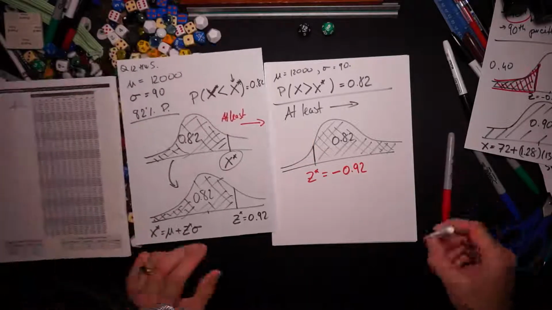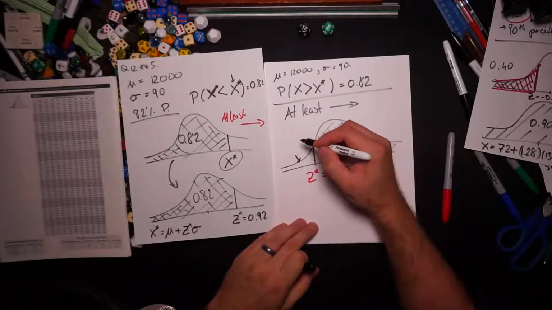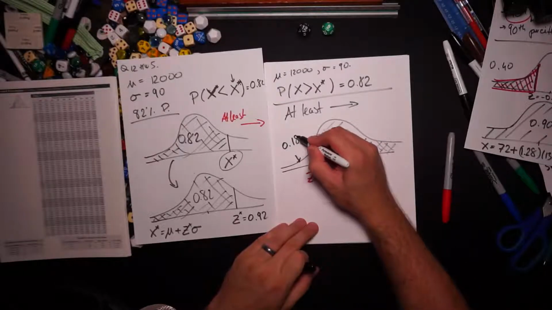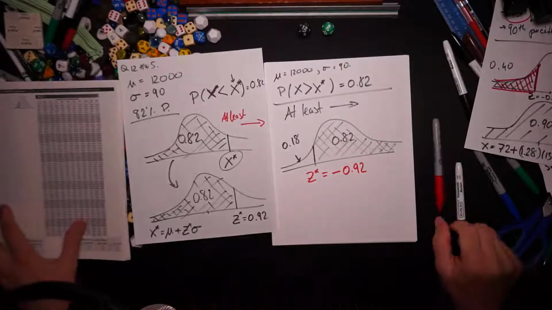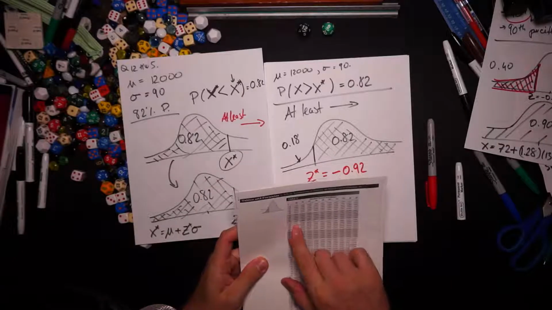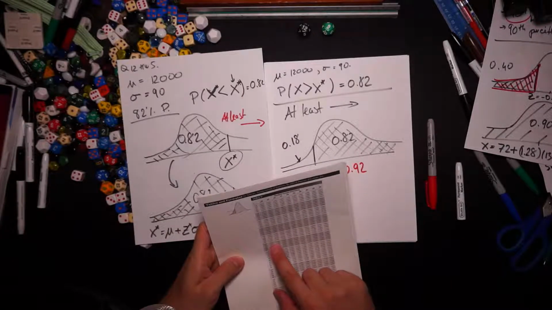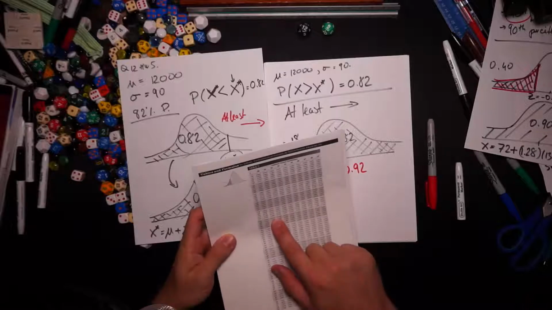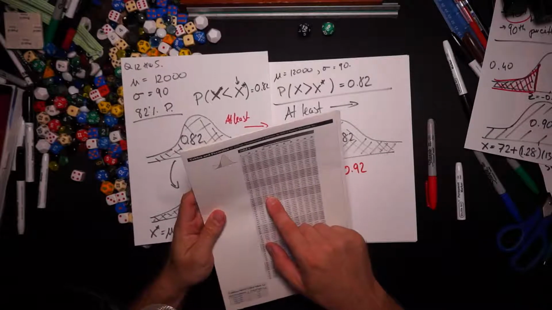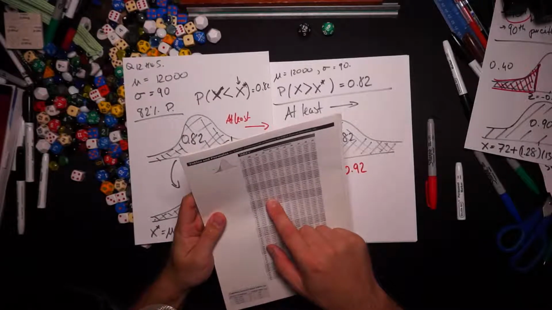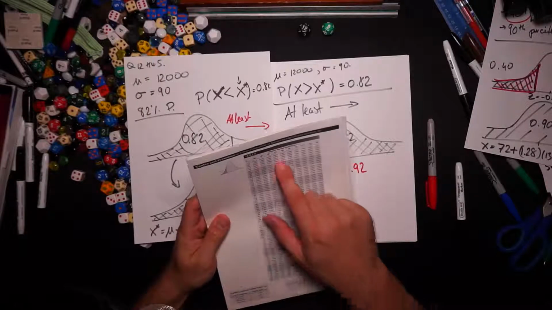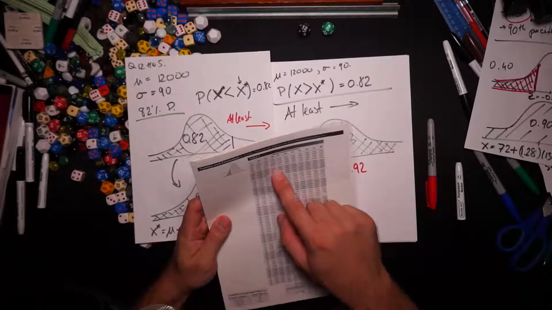And I am going to check it, because this area should be 0.18, so 18% here. If I look up 18%, 18% is right here. It's 0.1788. It's at negative 0.92.